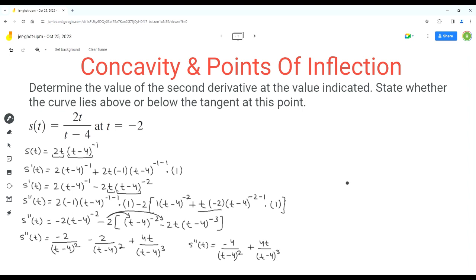So this is the expression for the second derivative of s at t. Now we can find the value of the second derivative at t equals -2 by substituting t as -2 in this equation. So we can continue here.